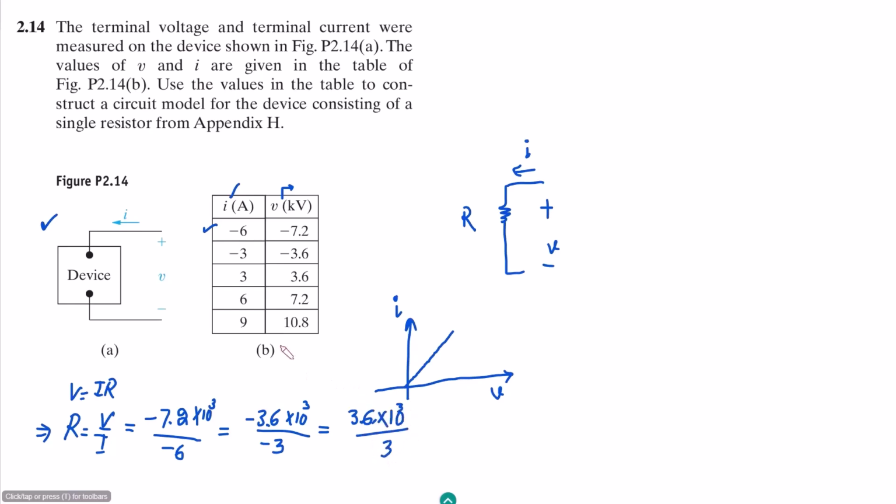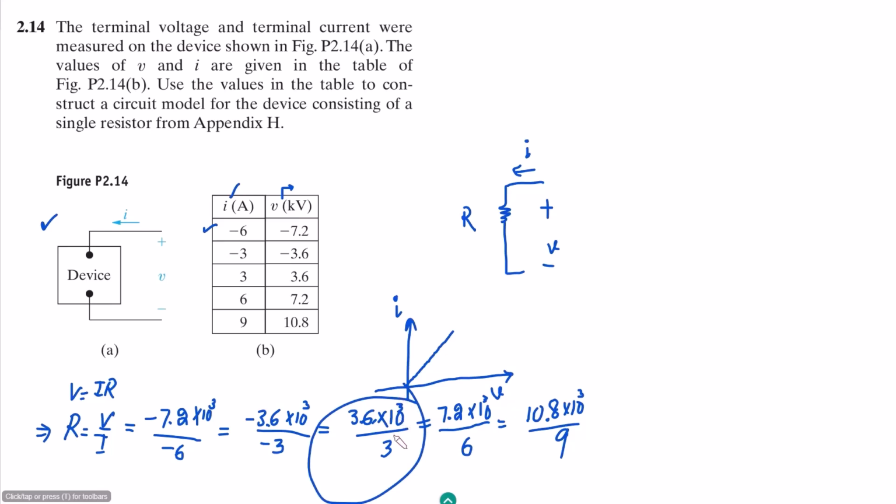This is the current for this one, and 7.2. Why am I writing this 10⁻³? Because of this kilovolt. Divided by 6, and this is also equal to 10.8 into 10⁻³ divided by 9. Pick any one of them and you will see the answer.